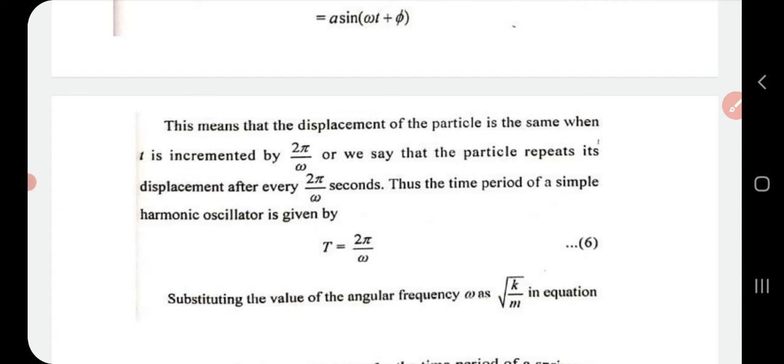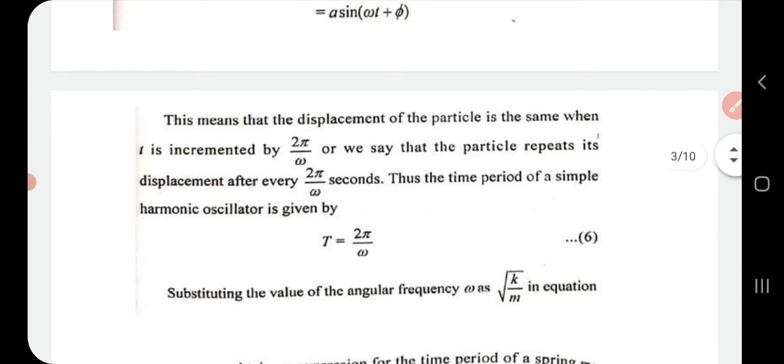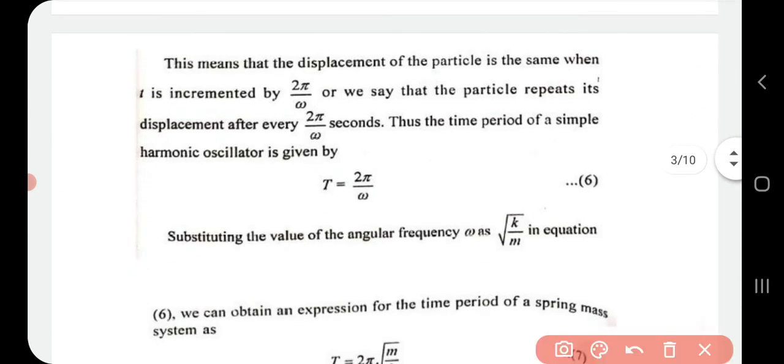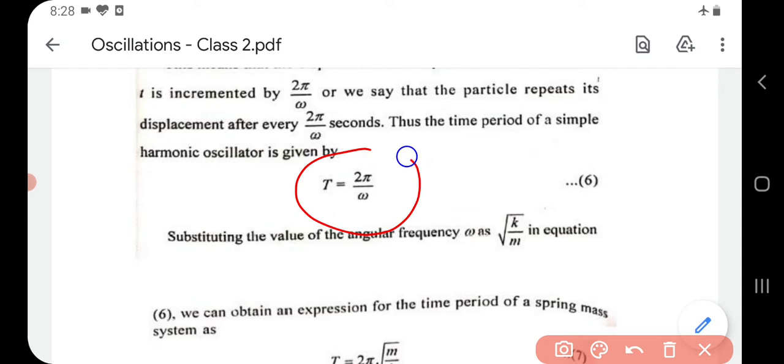We can say that the particle will repeat its displacement after every 2 pi by omega seconds. Therefore, the time period of a simple harmonic oscillator will be T equal to 2 pi by omega. So we got the expression for time period, T equal to 2 pi by omega.